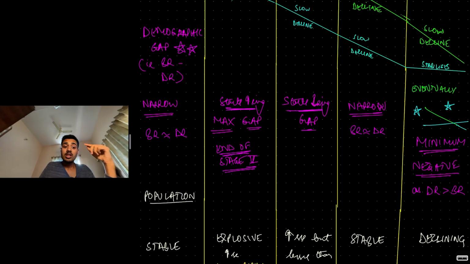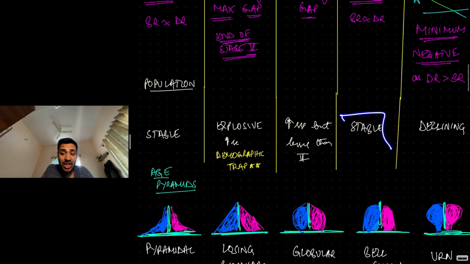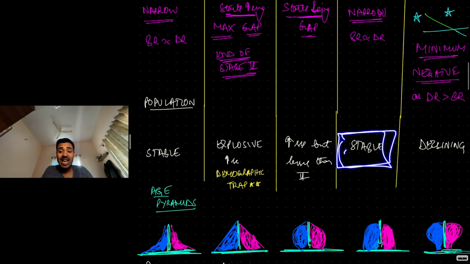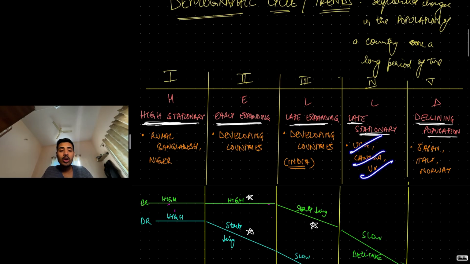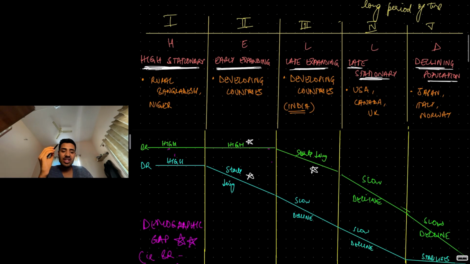See, in stage 1, birth rate was high, death rate was high, but they were pretty much the same. So narrow demographic gap. Here, birth rate is slowly in decline, death rate is slowly in decline, but they are almost equal to each other. So narrow demographic gap. Understood? And here the population is stable. This is an ideal stage, stage 4. USA, Canada, UK, all these developed countries are in stage 4, that is late stationary.